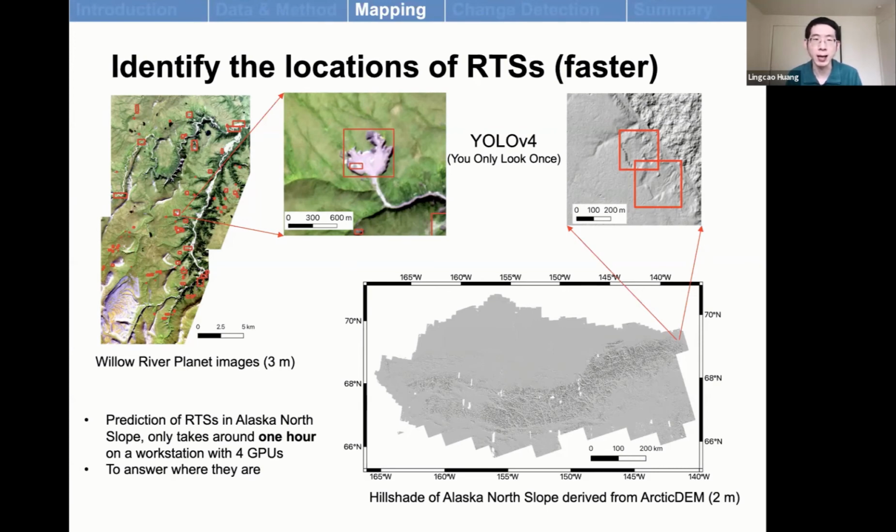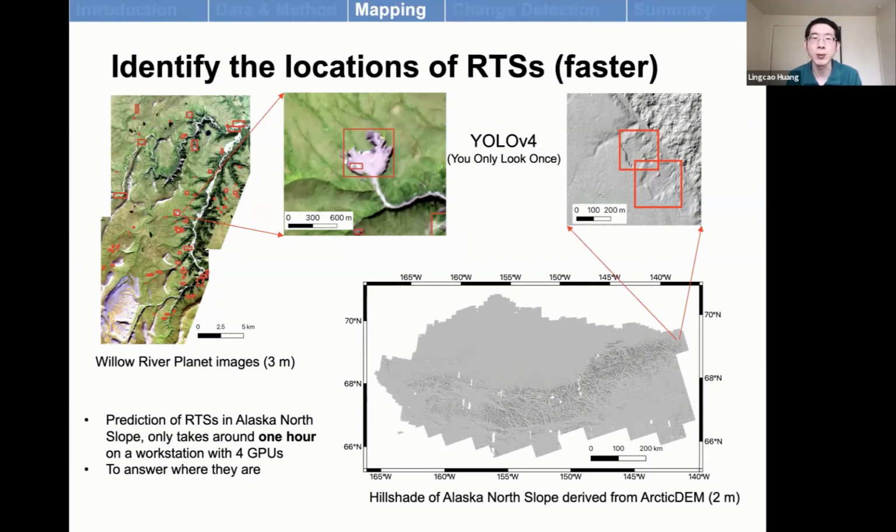So I use another algorithm called YOLO, currently in its fourth version, V4, and YOLO is for object detection. The accuracy may not be the best, but in terms of speed it is the fastest algorithm for object detection.